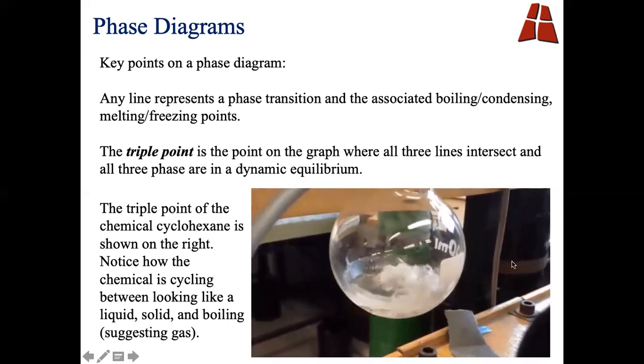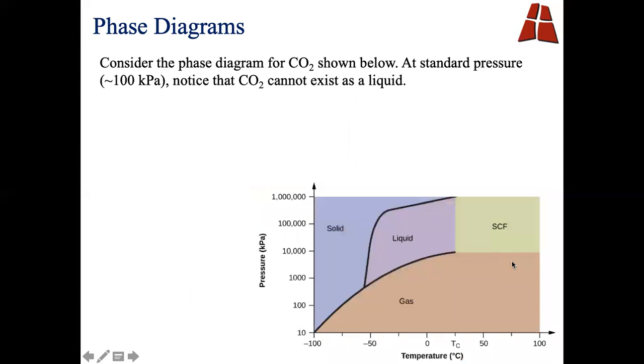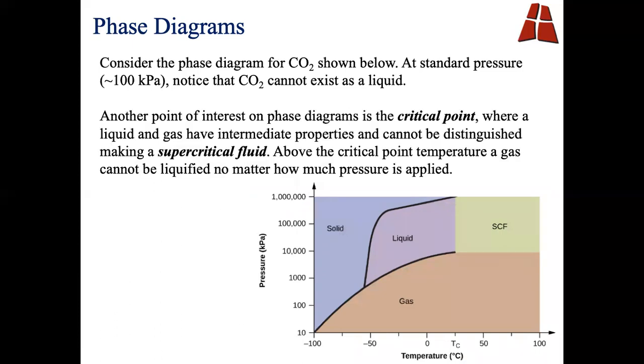Okay. So phase diagrams exist for pretty much every substance. This one below is CO2, so carbon dioxide. And once you get past a certain temperature and pressure, so in this case about 100 kilopascals, you'll see that we reach something called the critical point. And so this critical point on the phase diagram would be right here.